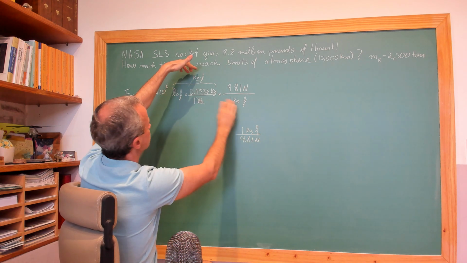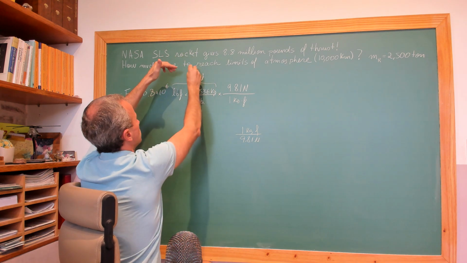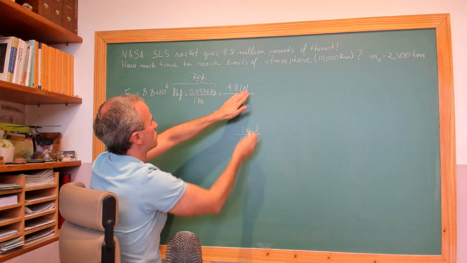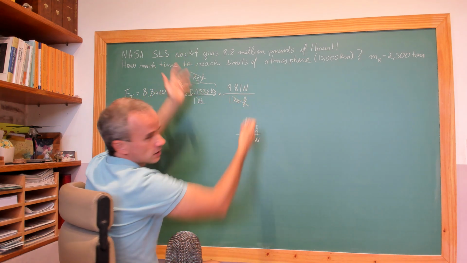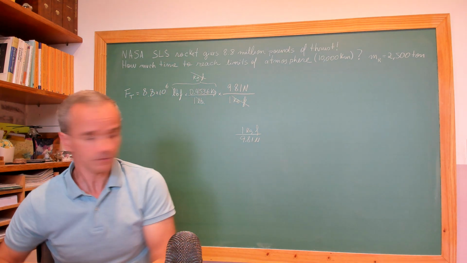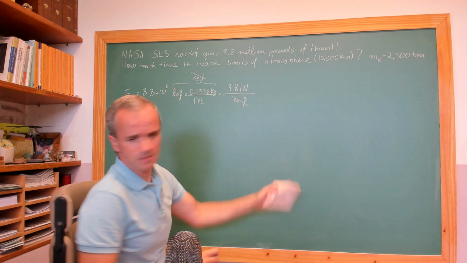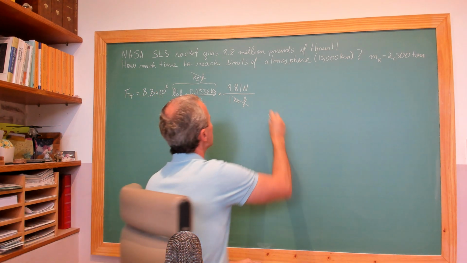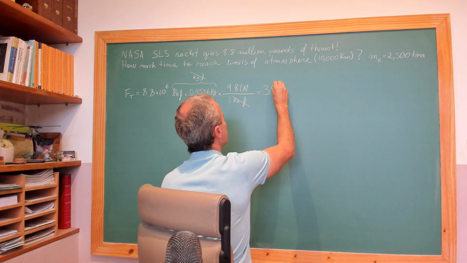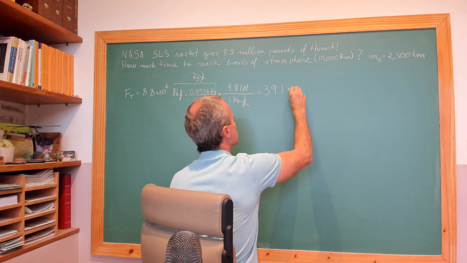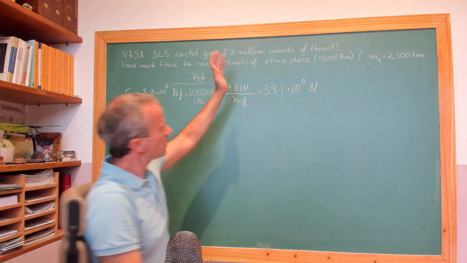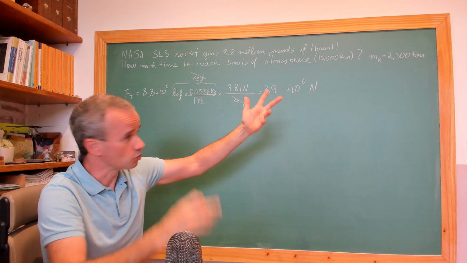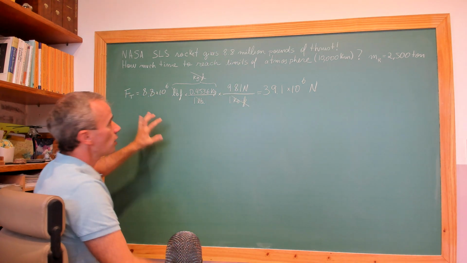I want to cancel kilogram force on top, you see? Now it's cancelled, and I'm left with newtons. If I switch, I'll never be able to cancel numerator and denominator. So this is the same as, if I'm not mistaken, 39.1 times 10 to the 6 newtons, or basically 39 mega newtons if you prefer. Well, so this is the force.